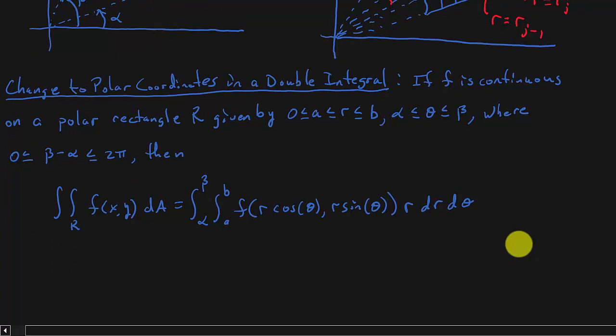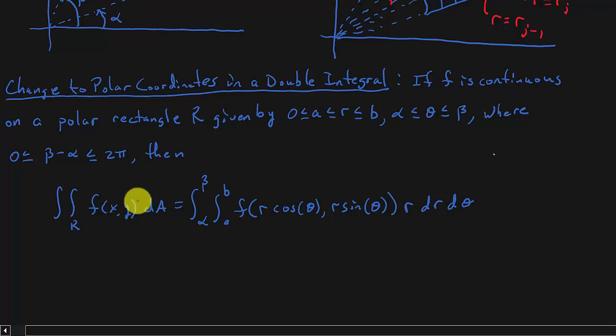If f is continuous on a polar rectangle R given by 0 less than or equal to a, less than or equal to r, less than or equal to b, and theta is between alpha and beta, where beta minus alpha is between 0 and 2 pi, then the double integral over the region R of f of x, y dA is equal to the double integral from alpha to beta, a to b of f of r cosine theta, r sine theta, times r dr d theta.